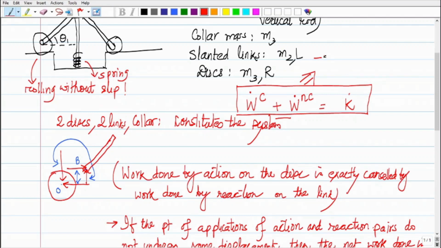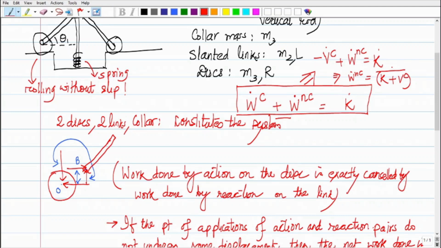So this is minus Vc dot plus W dot Nc is equal to K dot, which could also be written as W dot Nc is equal to (K plus Vc) whole dot. Okay, where Vc is the potential of only the conservative forces.